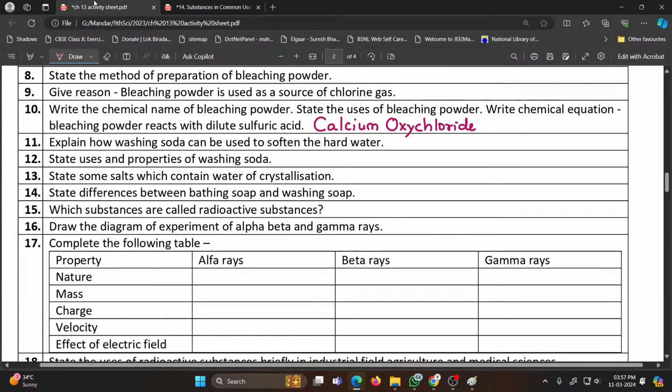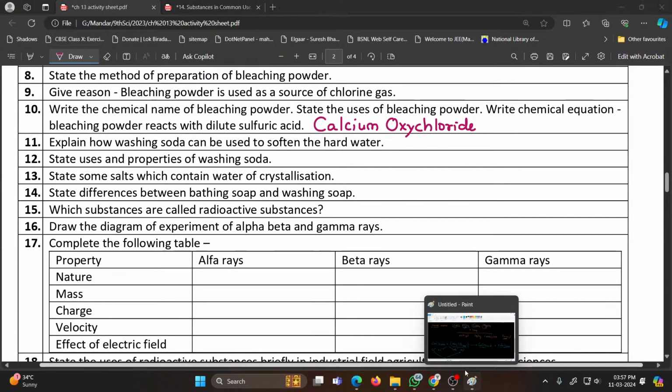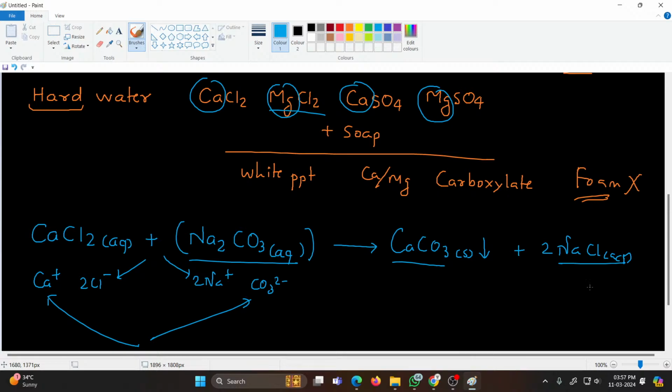State differences between the bathing soap and washing soap. The differences in bathing soap and washing soap. So let us write them in the tabular form.